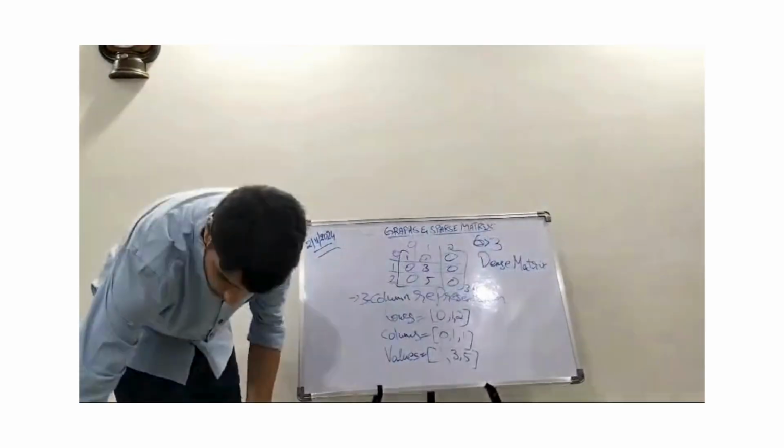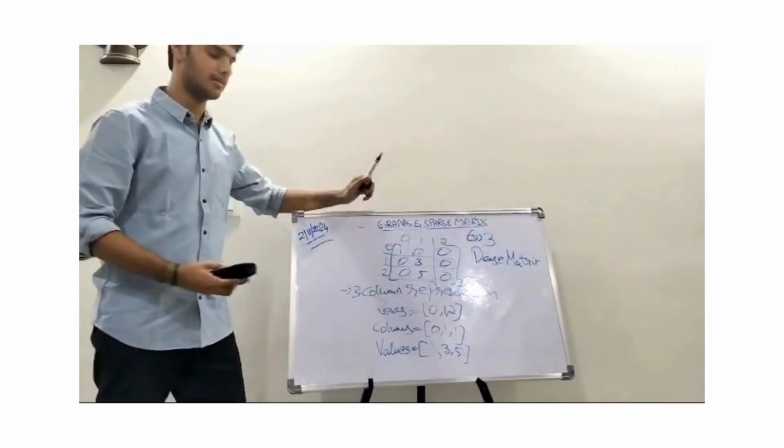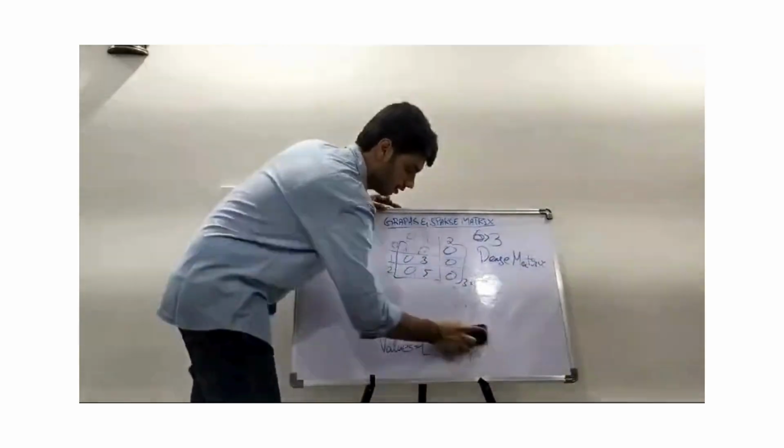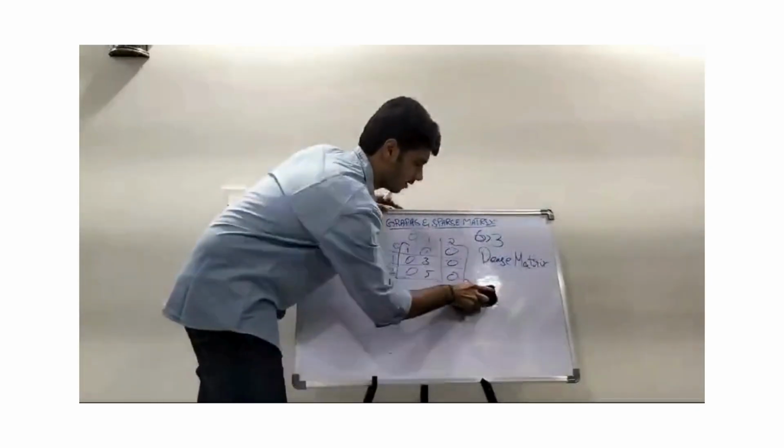The second way in which we can represent a sparse matrix is compressed sparse representation, also called CSR.